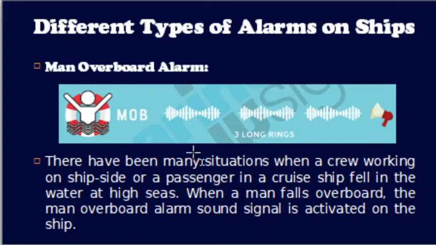So, how are we going to recognize it? We can recognize that a man or a crew member has fallen overboard by hearing 3 long rings. So, 1, 2, 3, 3 long rings.